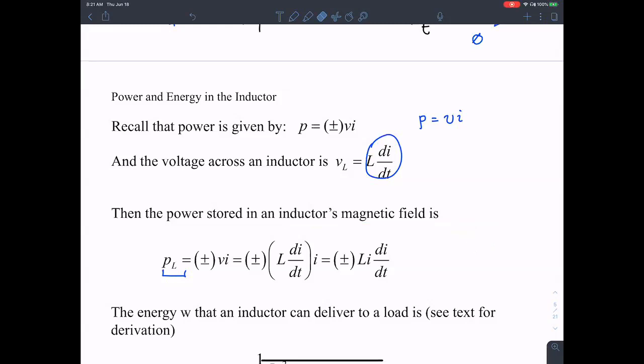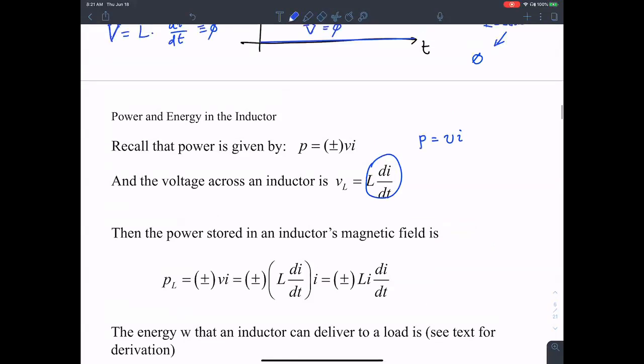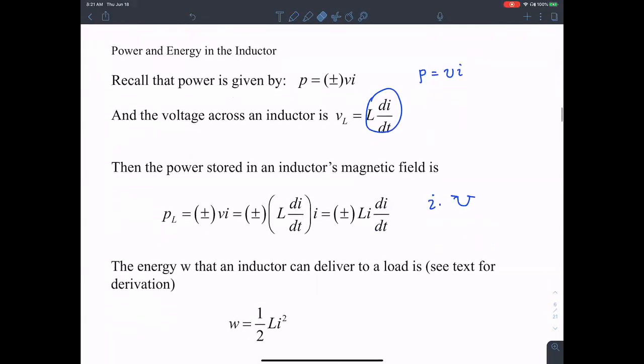In an inductor, it's stored in terms of magnetic field. Power in an inductor is L times I times di by dt. So I times V, V is L di by dt. So that's the idea of the product of voltage and current across that pipe.